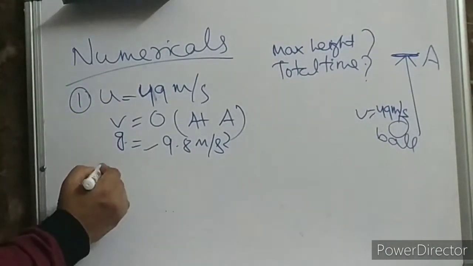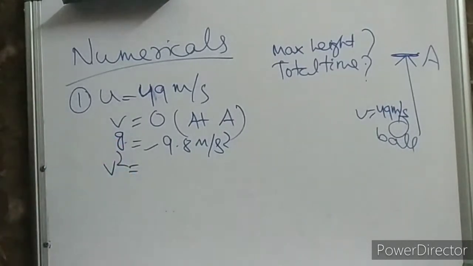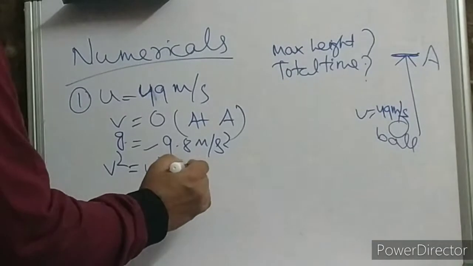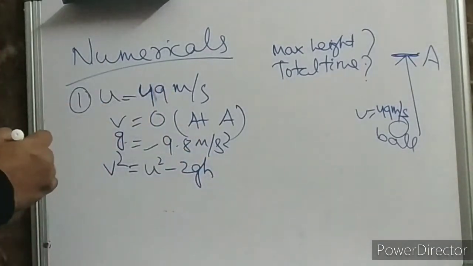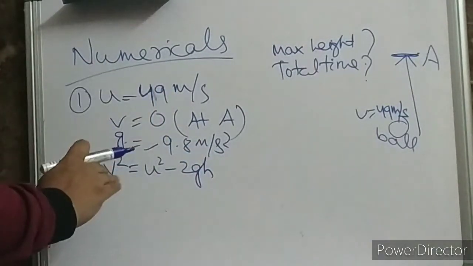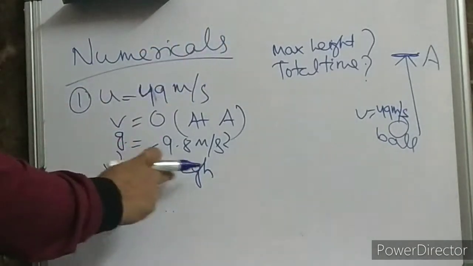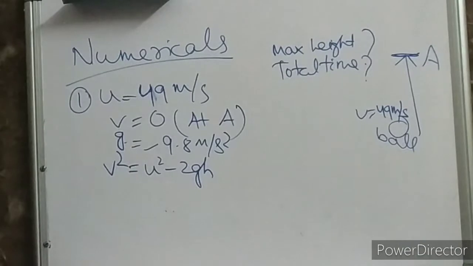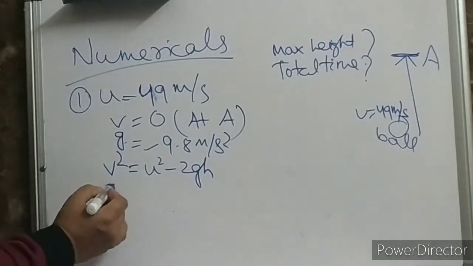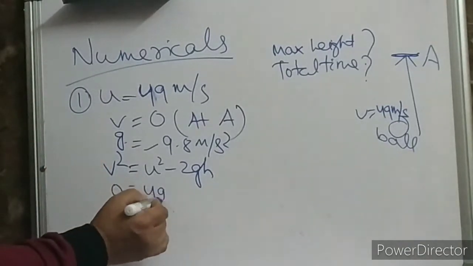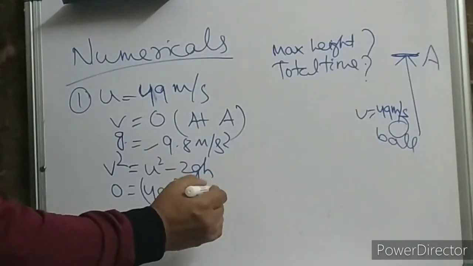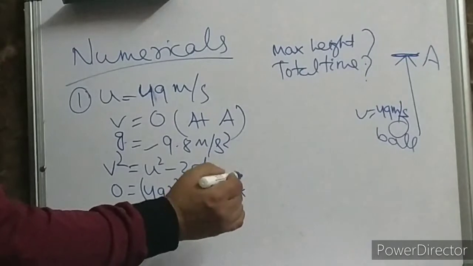So it will be v square is equal to u square minus 2gh. Here I am writing like this: v square is equal to u square minus 2gh. So here v square is 0, this is your 49 square, and this is minus 2 into 9.8 into h.